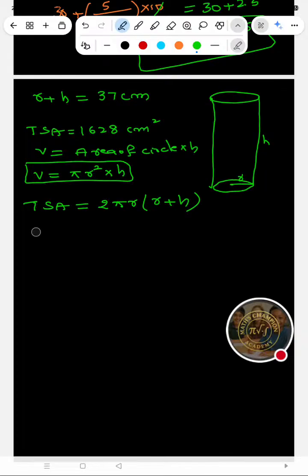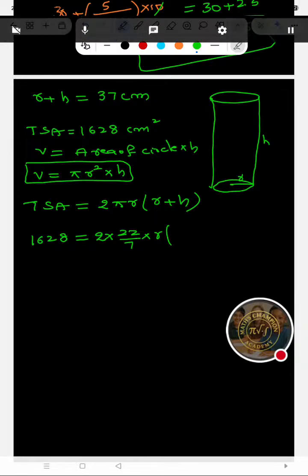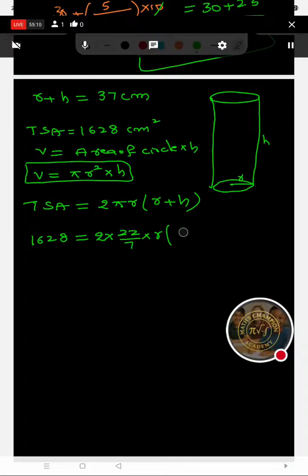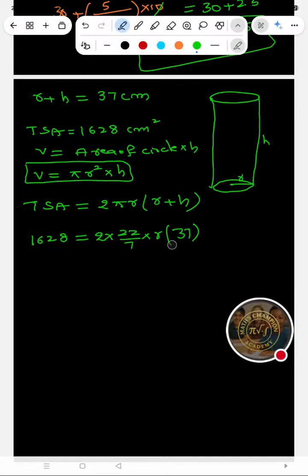So here total surface area 1628 is equal to 2 into pi value, you take 22/7. R we don't know. It is r, and r plus h is given here. R plus h, look here, r plus h value is 37.